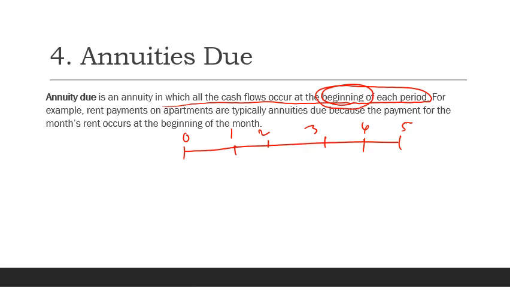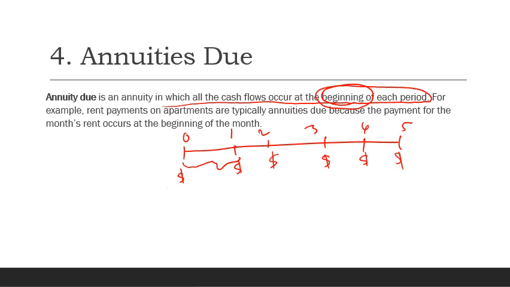So that means we don't need to wait for another 1 year. It will be starting here. So there will be a deposit each year at the beginning of the period.